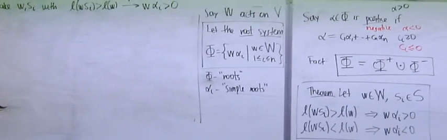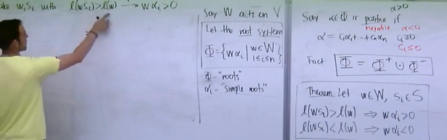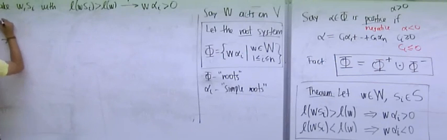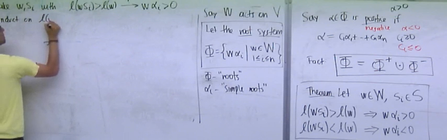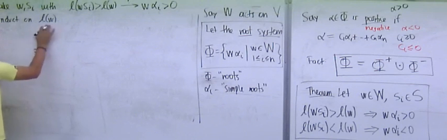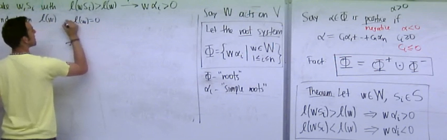And as with a lot of things involving a statement like this, I'm going to prove this by induction. Let me induct on the length of W. So what's the first case? The first case is that the length of W is 0.